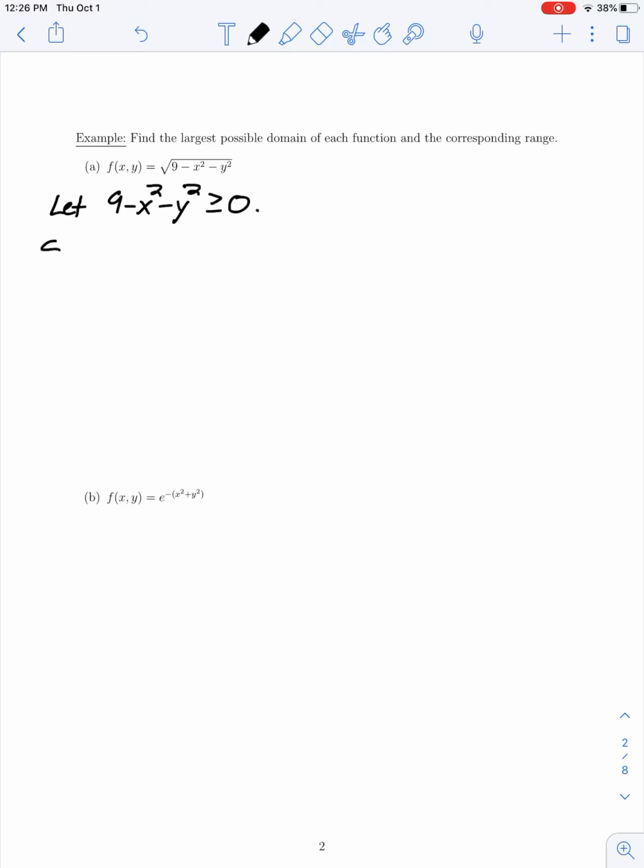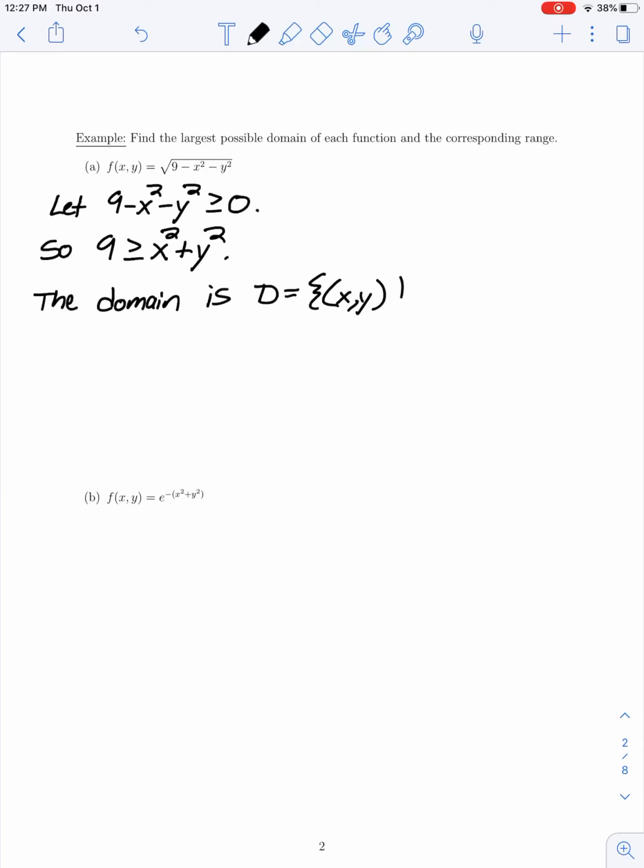So solving this inequality, or rewriting it, I could express this as 9 is greater than or equal to x squared plus y squared. So here our domain is the set D of all points in the xy plane such that this inequality holds. x squared plus y squared has to be less than or equal to 9.